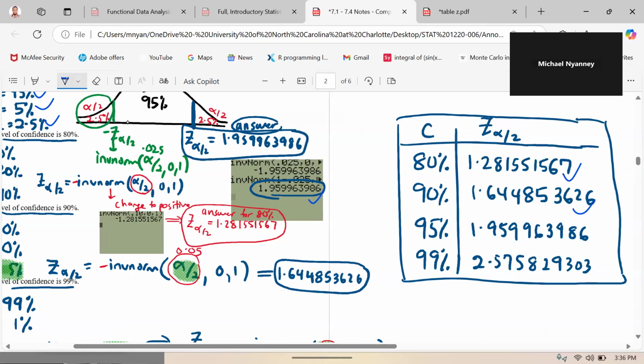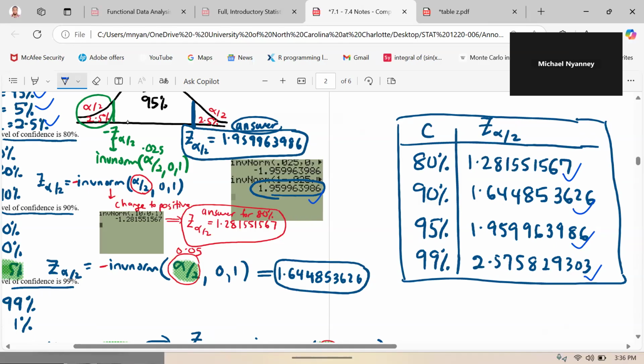If I give you a level of confidence which is 95%, it's 1.959, but if you round it to 2 decimal places, that will be 1.96. If you have 99, it's 2.576 rounded to 3 decimal places.